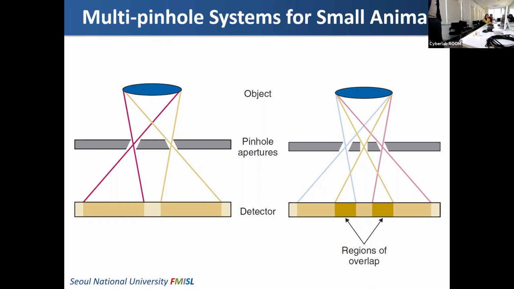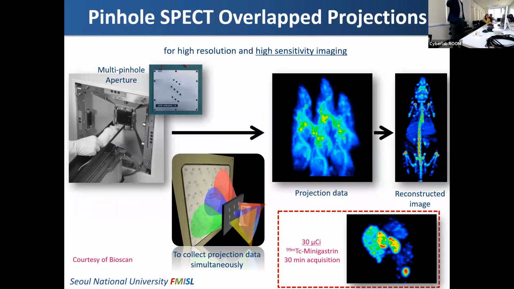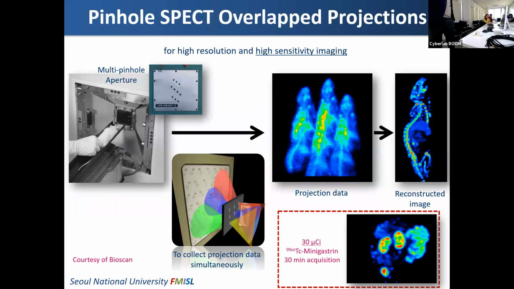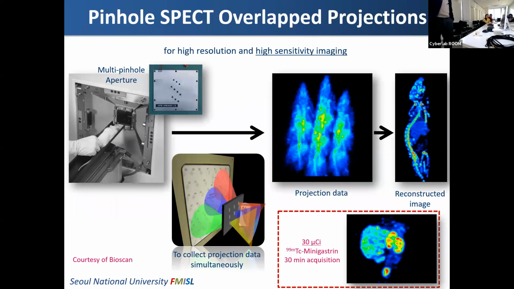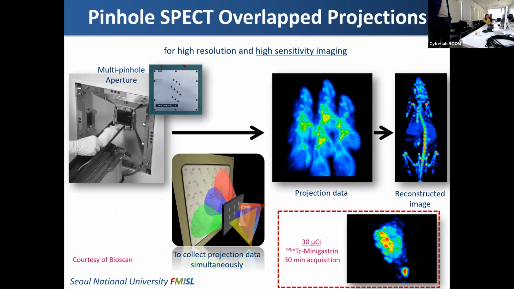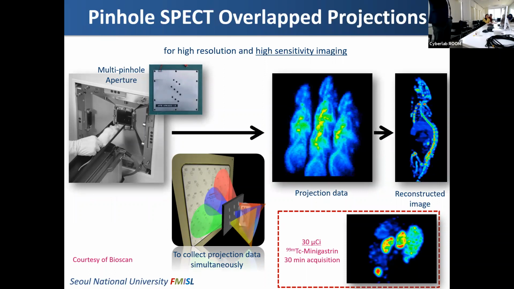We can also use a strategy of overlap. If the distance between the holes is closer than this, we can use more pinholes and achieve better sensitivity. The drawback of this design is that there is some overlap between the projections. But if we use iterative image reconstruction, even with some overlap between the projections, we can resolve the reconstructed images.